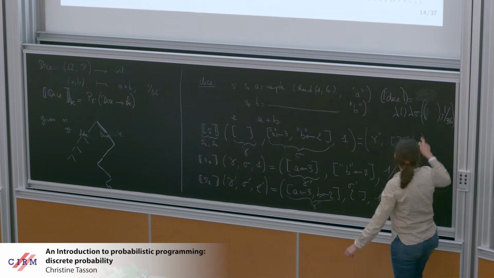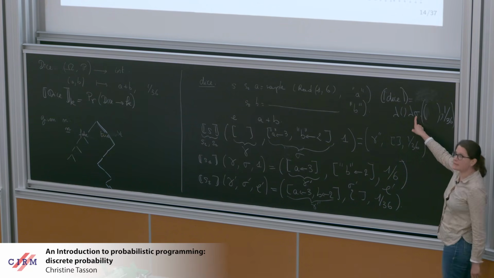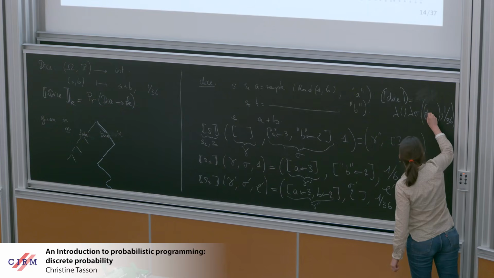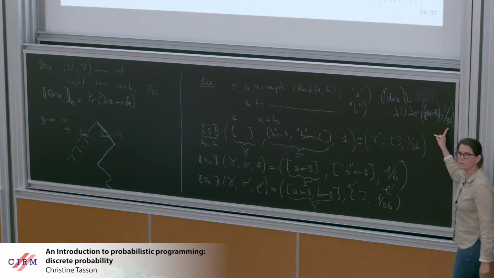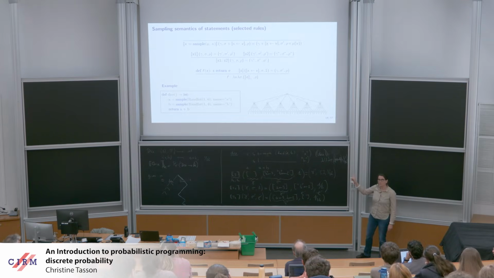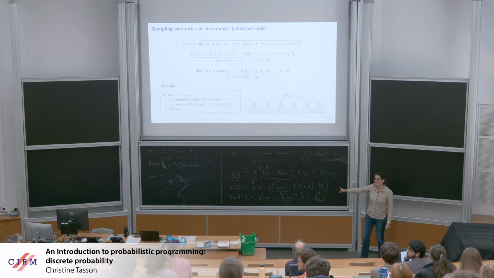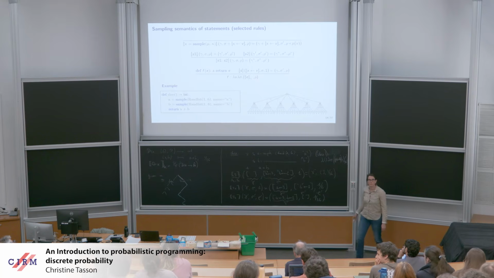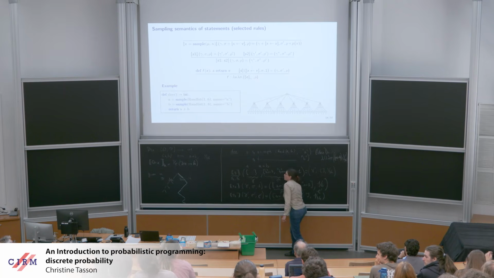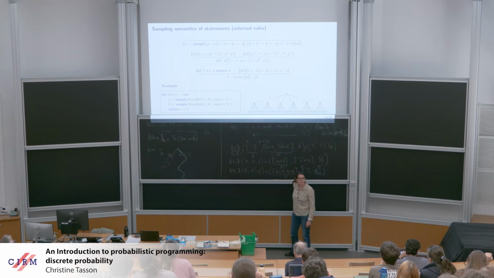So if I have any sigma, it will be sigma A plus sigma B with probability 1/36. Okay? So I think it answers your question, what's happening with this sampling trace. It is consumed along the evaluation of the statement. Do you have questions about this semantics?